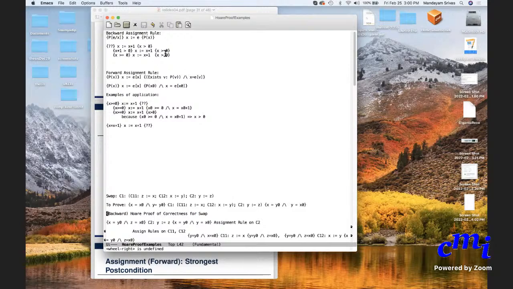Here it is. If your postcondition predicate is X greater than 0, and your assignment is X equals X plus 1, then that's your P predicate.